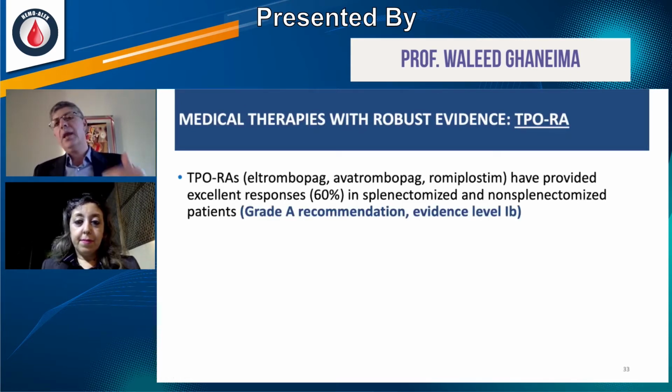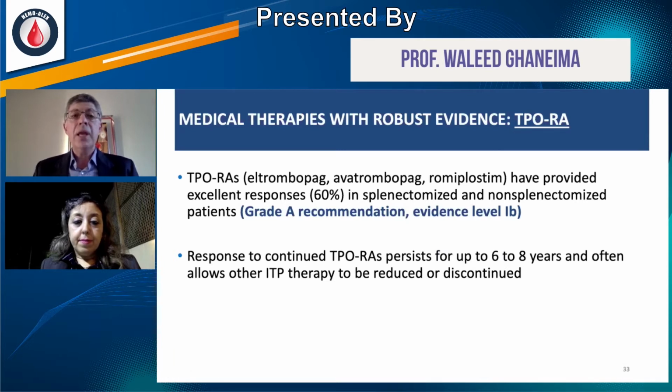So, quickly going through these treatments, the TPOs first have an excellent response rate, about 60%, same as what I showed you with the ASH guidelines, and the highest grade of recommendation is given to this treatment.